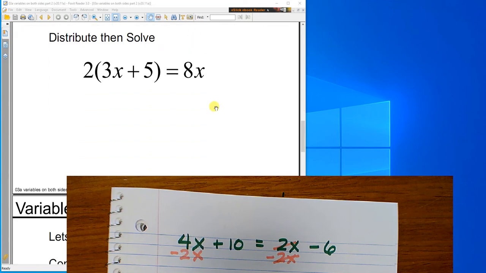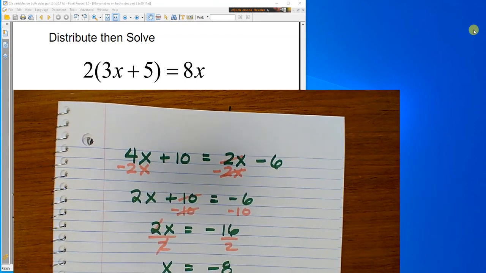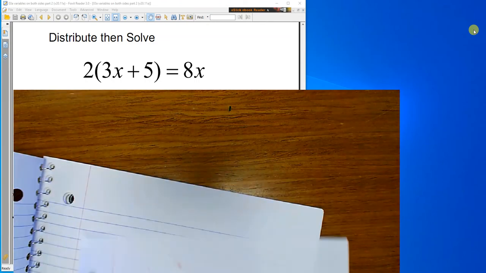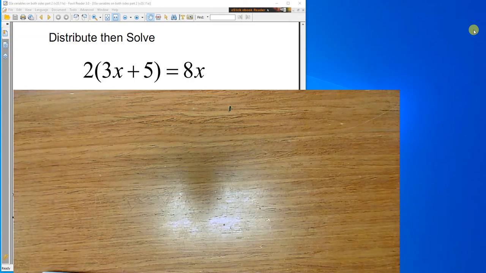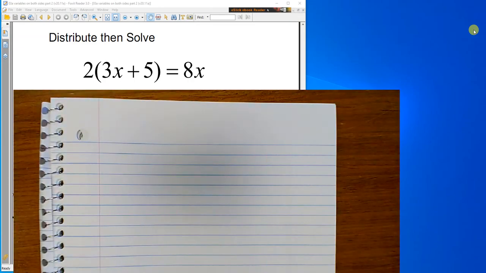You know what, before we do this, I want to do a flow map with a really good logic here on how to do these. Okay, so start with your name, and our title is solving variables on both sides, part 2.